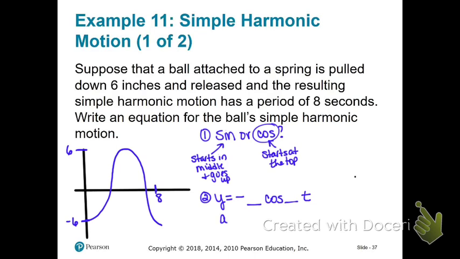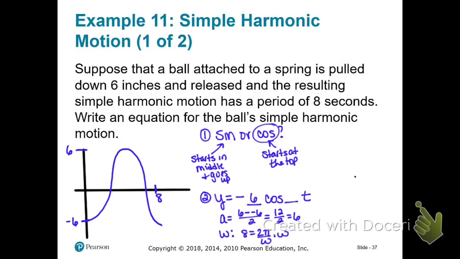Remember, a is your amplitude, so it is your maximum minus your minimum divided by 2. And so we find it's 6. So my equation is going to be y equals -6 cosine, and then omega is found because we know that the period is equal to 2 pi over omega. My period here is 8, so 8 equals 2 pi over omega.